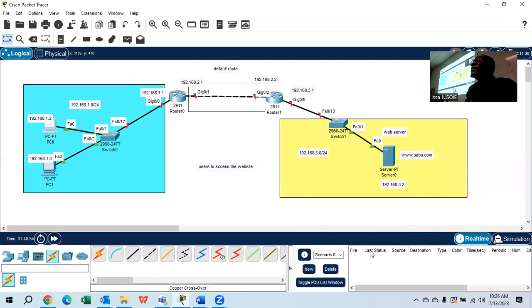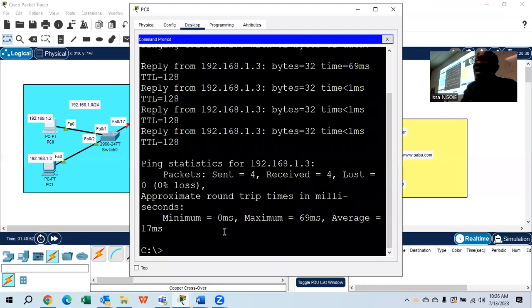You understand that? So you can even put a wrong default gateway, they are still going to communicate because they are using the switch. The communication cannot jump the switch, right?